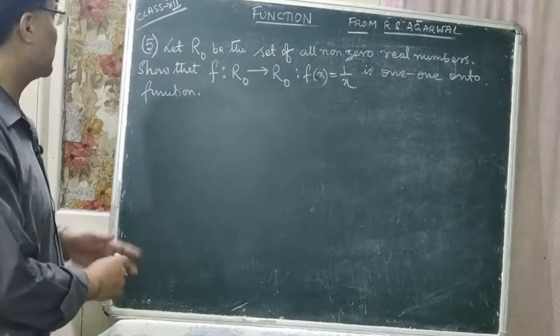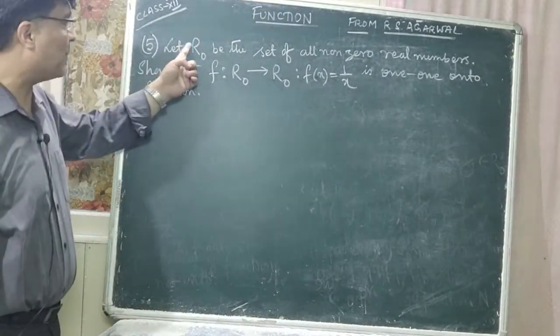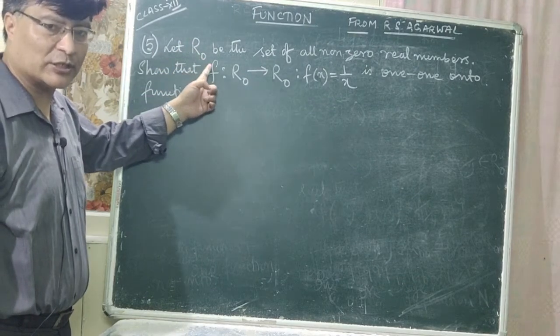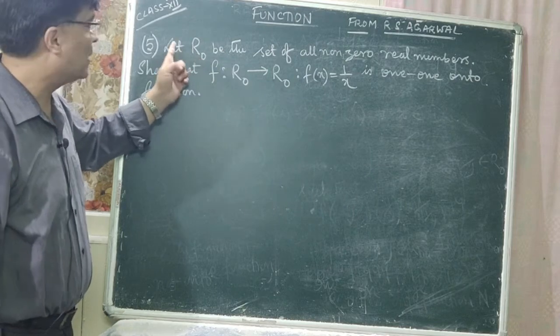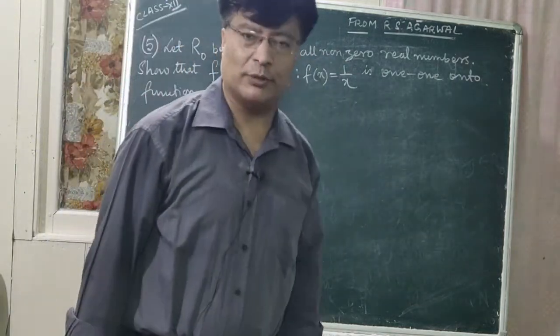So now we'll do the next question, that is question number 5. Let capital R naught, or capital R0, where 0 is the suffix, be the set of all non-zero real numbers.